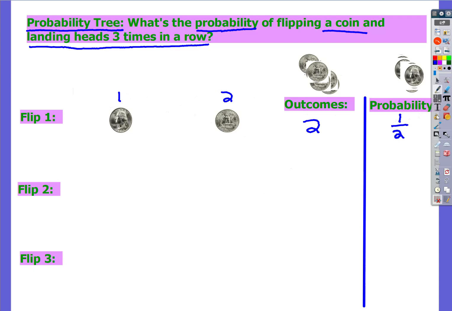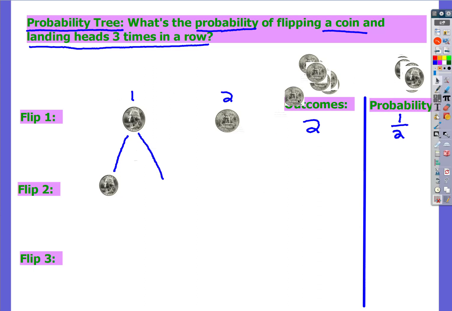Now for flip number 2, we have to keep track of some outcomes. If I flip heads first, on the second flip I could flip heads again, and I could also flip tails. So if I flip twice, I can do heads, heads, or heads, tails. And of course, I have to account for what happens if I flip tails first, so we'll extend this probability tree down.